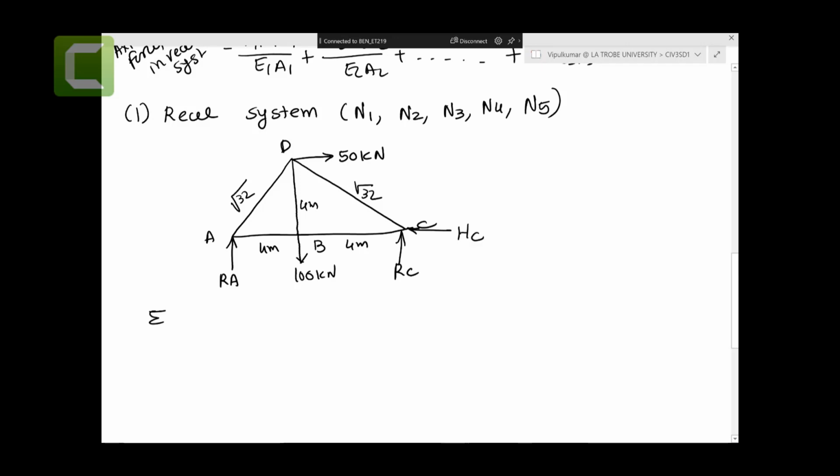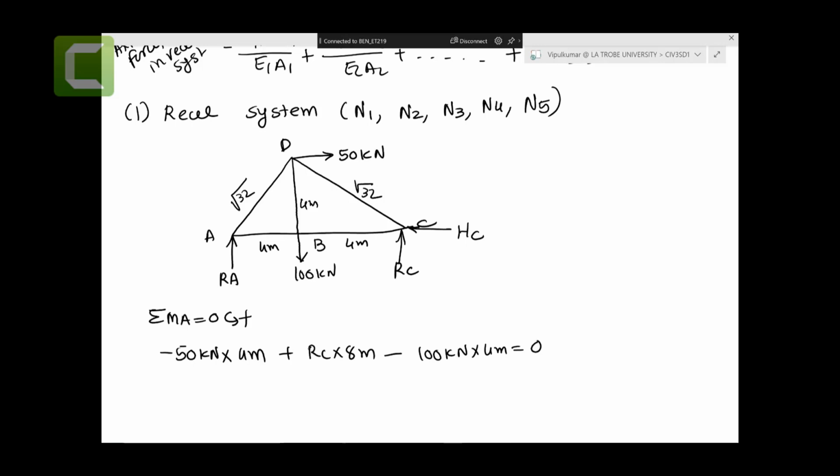Sum of the moment at A equals 0, anticlockwise is positive: minus 50 kilonewtons times 4 meters plus RC times 8 meters minus 100 kilonewtons times 4 meters equals 0. You have done plenty of examples so far on how to calculate the reaction forces in truss and beam.